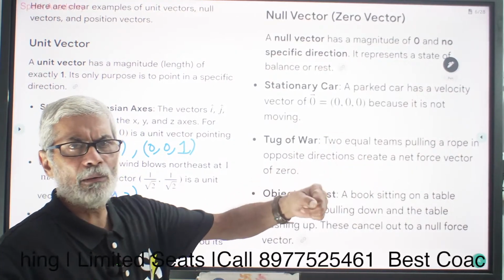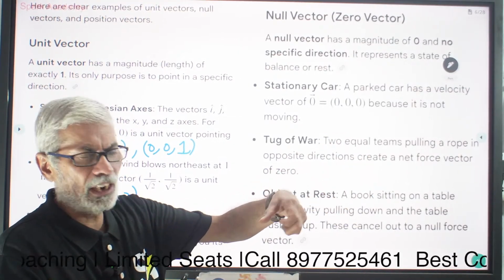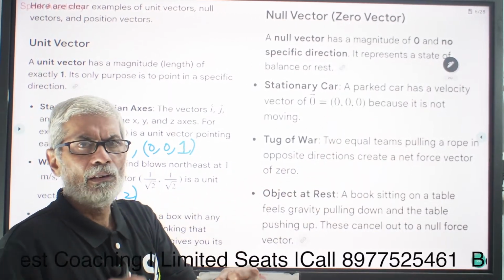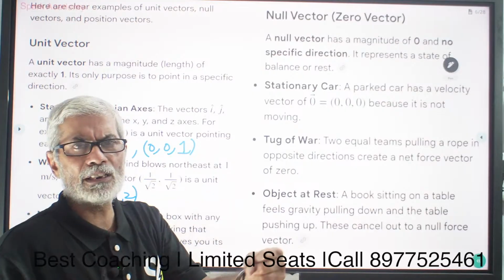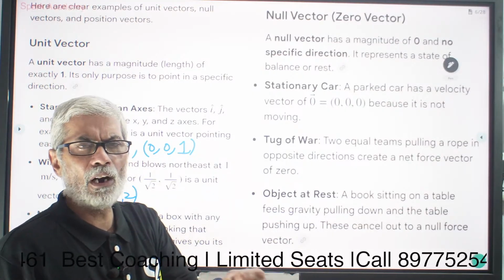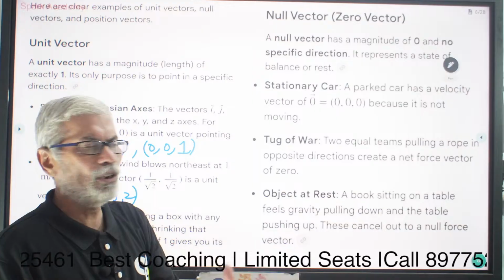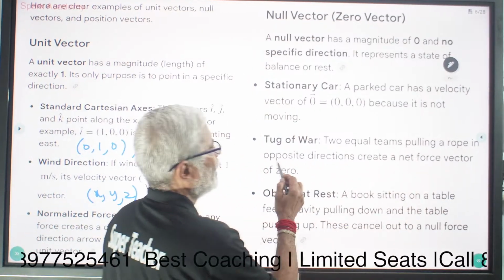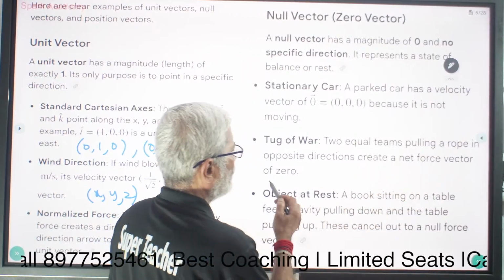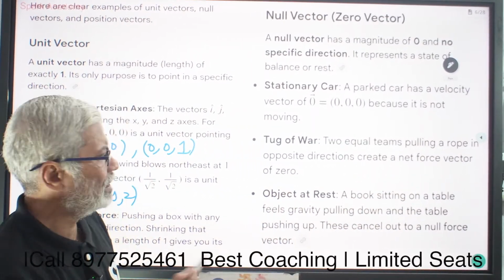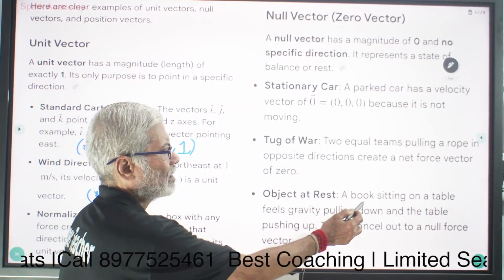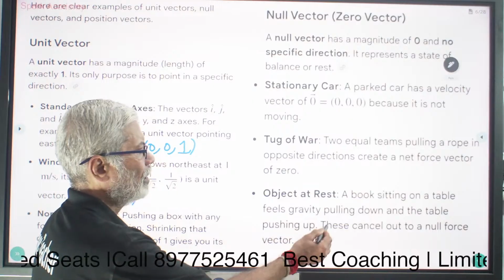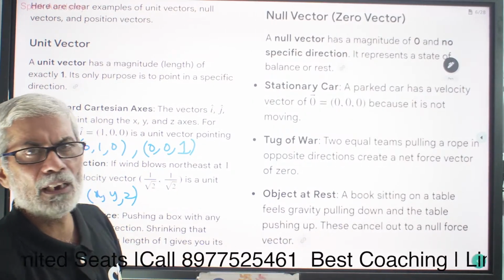Suppose 10 equal people apply force on this side and that side; if the forces are equal, the center will not move. That can be a zero vector. Two equal teams pulling a rope in opposite directions create a net force vector of 0. Object at rest: a book sitting on a table feels gravity pulling down and the table pushing up. This cancels out the net force.